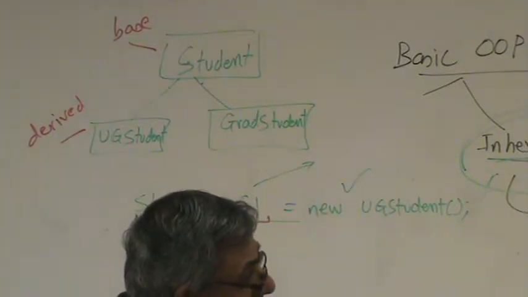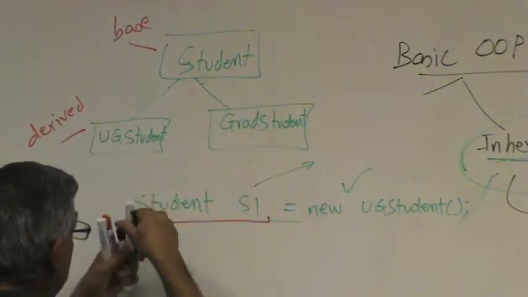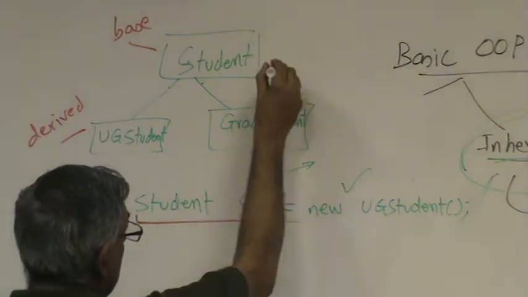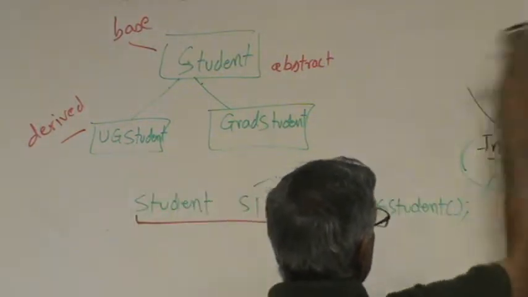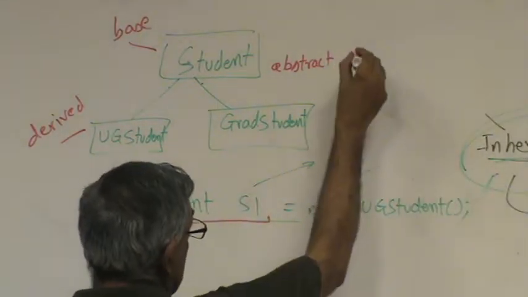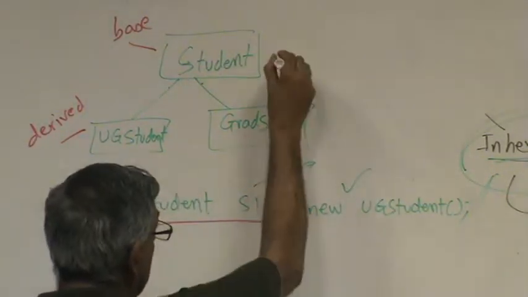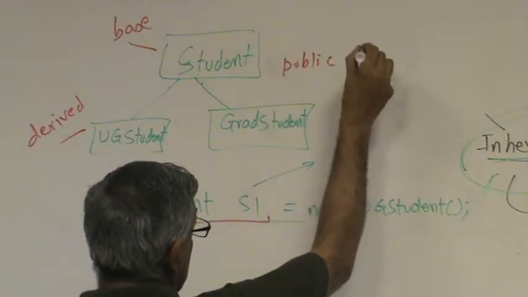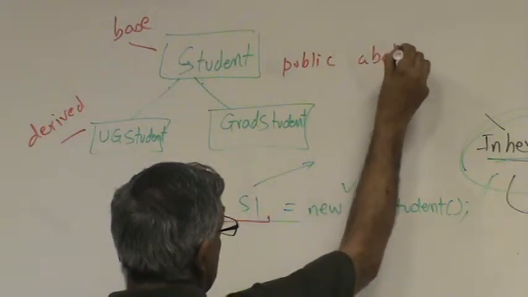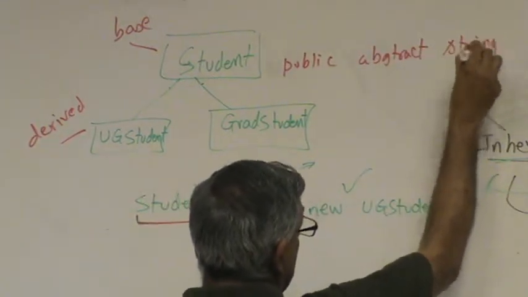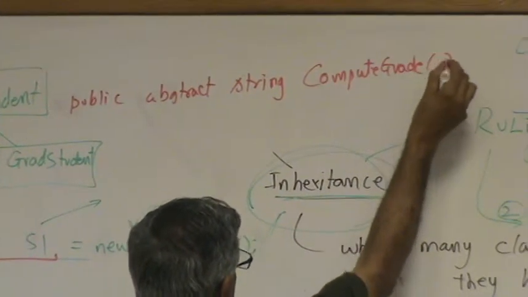Now let's go over here. If there was something marked abstract over here, let's say public abstract string ComputeGrade.